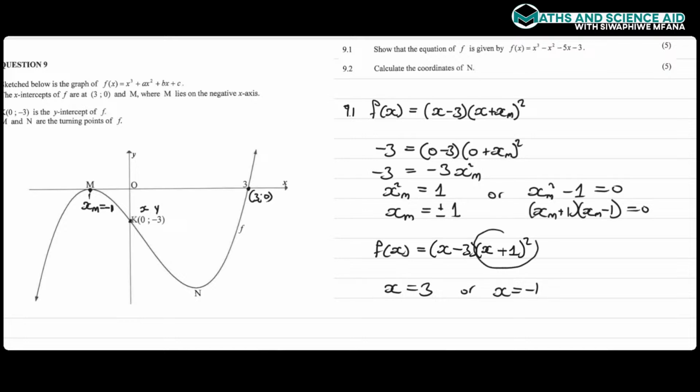That's what we are going to get from this perfect square factor here.